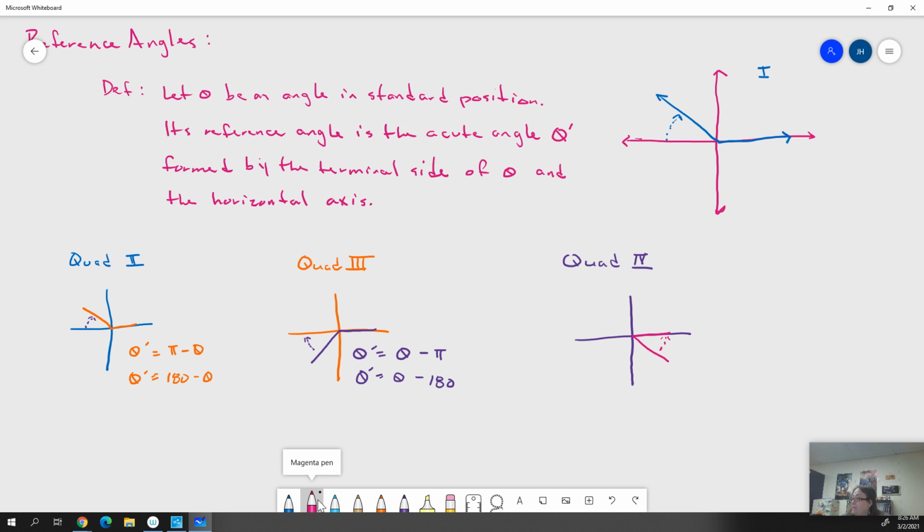And so when we want to find our reference angle, or theta prime, in this case, we're going to take 2 pi minus theta. Or if we're dealing with degrees, we are going to take 360 minus theta. So which equation you use depends on which quadrant it lies in, right?